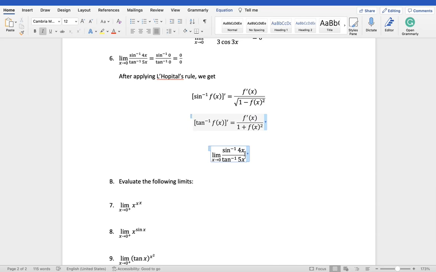Now, if you apply them to our problem here, what do you get? I want you guys to apply it to the problem and tell me what you get in the numerator. Come on, guys, you can do it. I know you can. I've given you the formula. All you have to do is apply that to the numerator and tell me what you get.